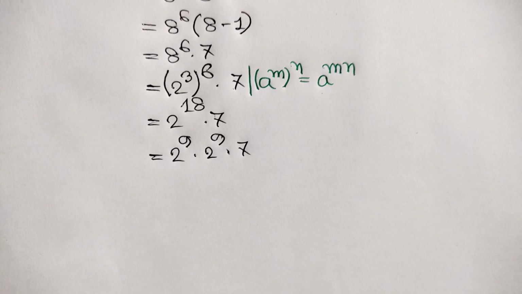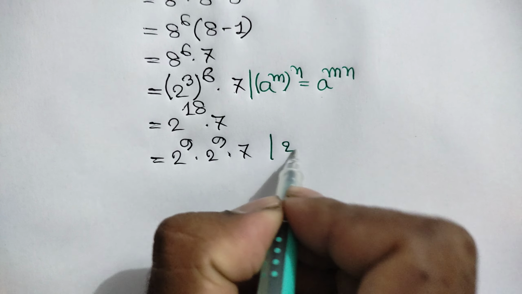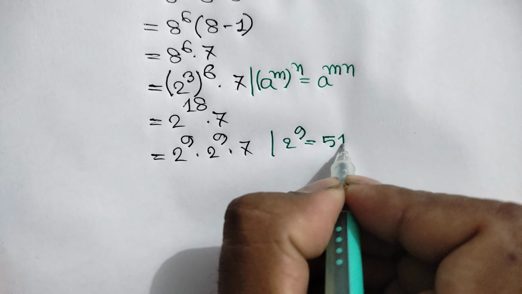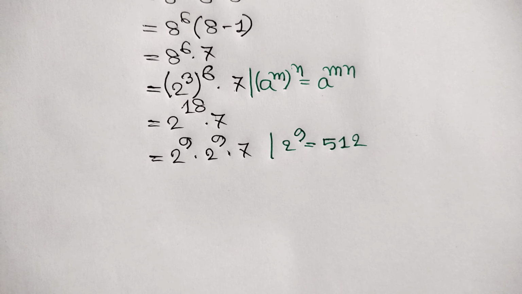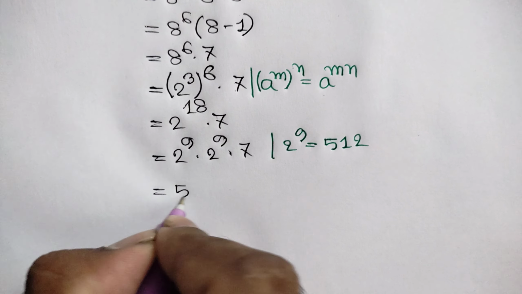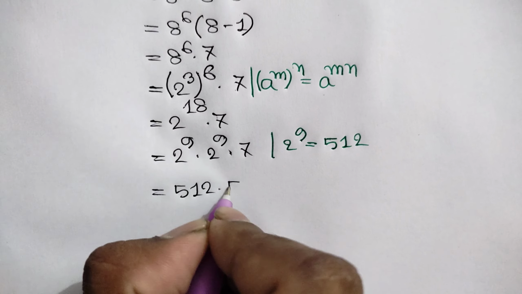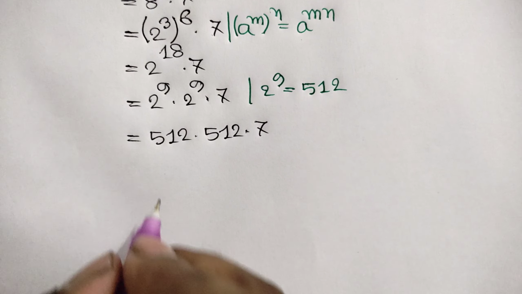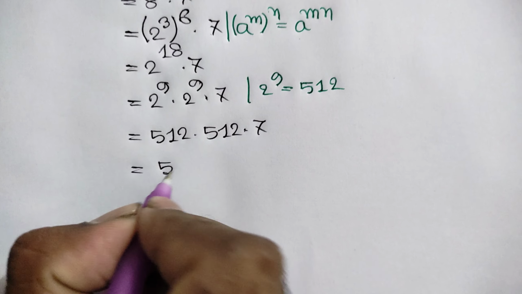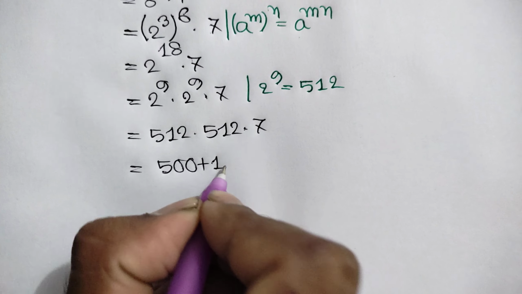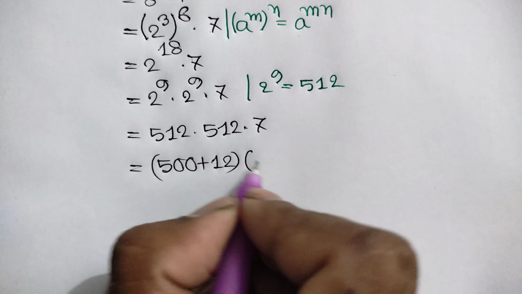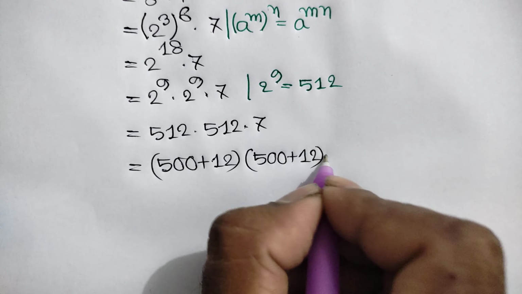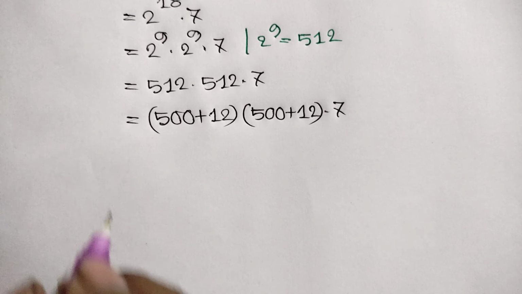Now we know that 2 to the power 9 is equal to 512. So we can write 512 times 512 times 7 is equal to, 512 can be written as 500 plus 12, similarly here 500 plus 12, times this 7. Now we can write 500 plus 12 whole squared times this 7.